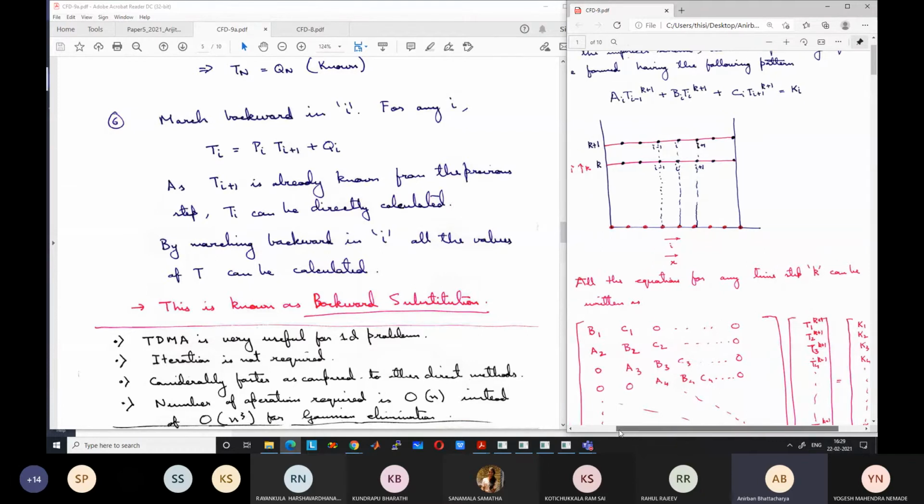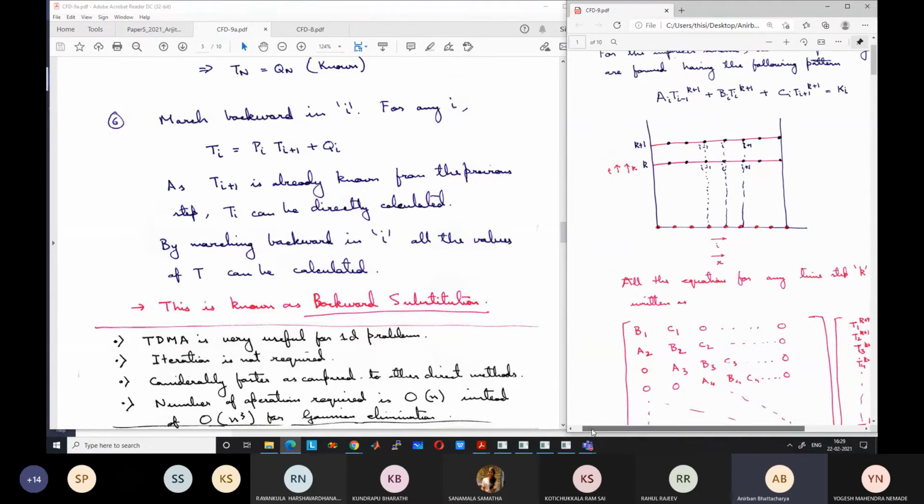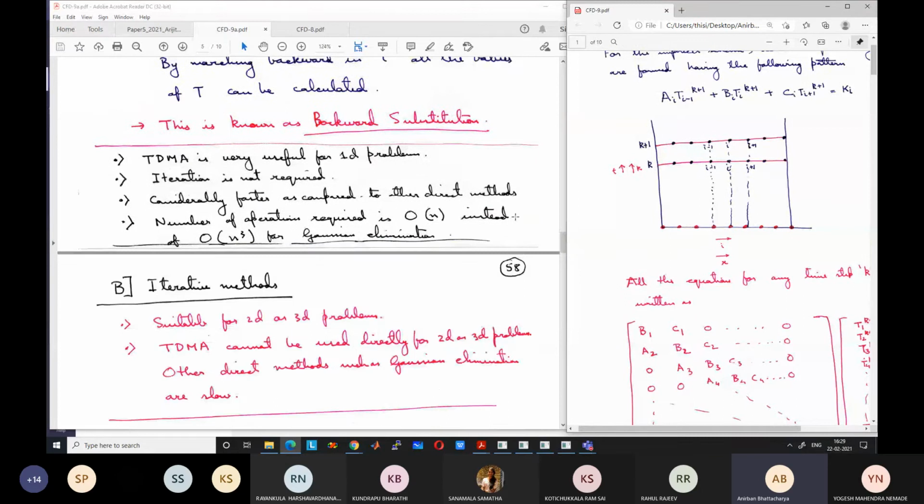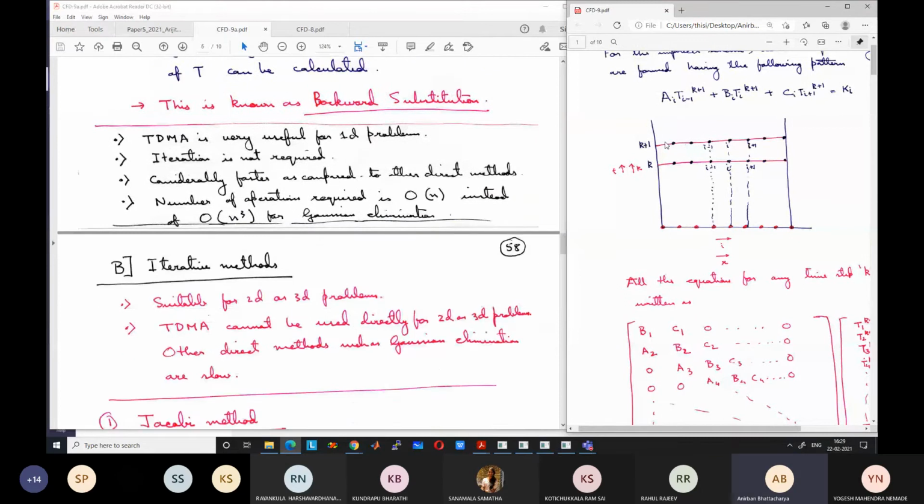So we will see a few indirect methods which are known as iterative methods. Iterative method means you do not directly calculate the values in one iteration; after one step you go towards an approximate value which is near to the actual value but not exactly equal. Then after the next step you go more towards the correct value.